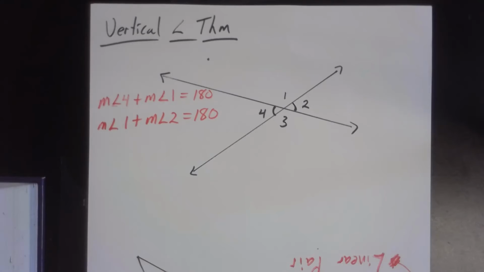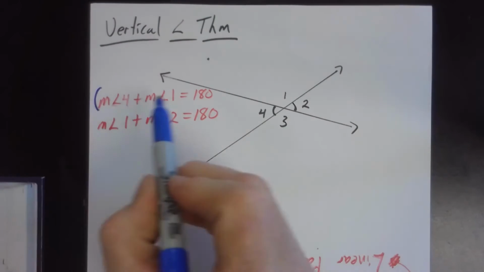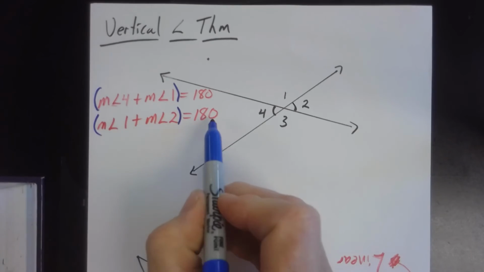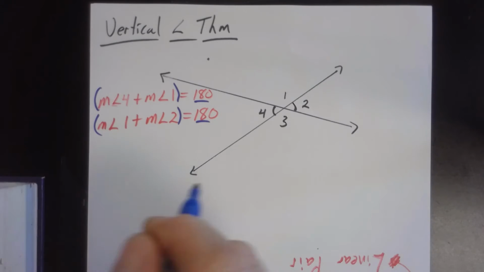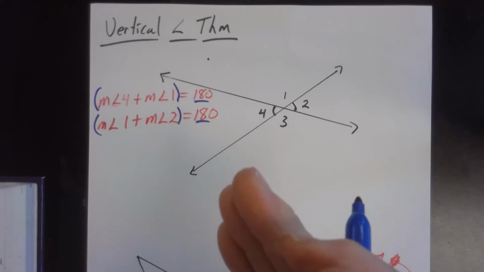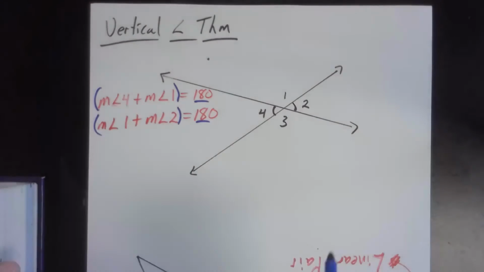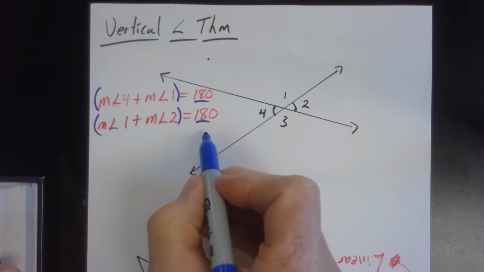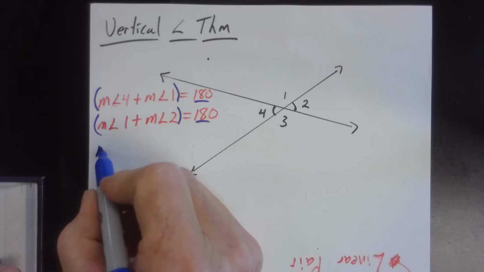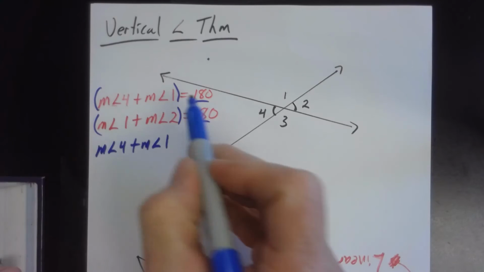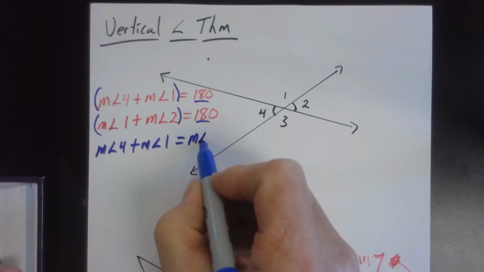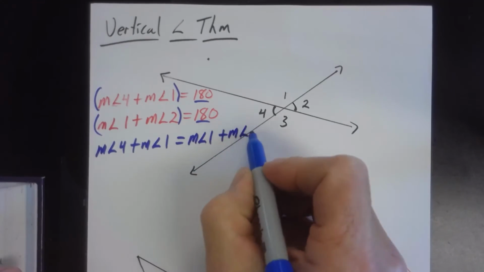Last year you learned that if two things are equal to the same thing, they must be equal to each other. You agree with that? If A is equal to B and B is equal to C, then A is equal to C. So I'm going to say the measure of angle 4 plus the measure of angle 1 equals the measure of angle 1 plus the measure of angle 2.